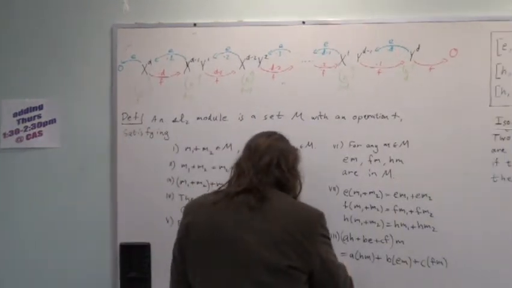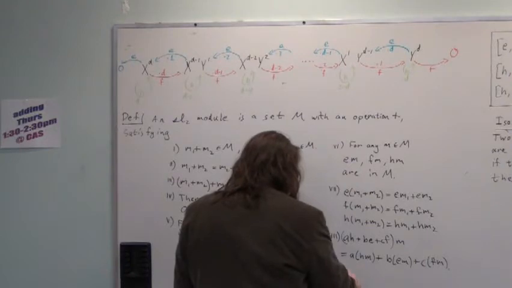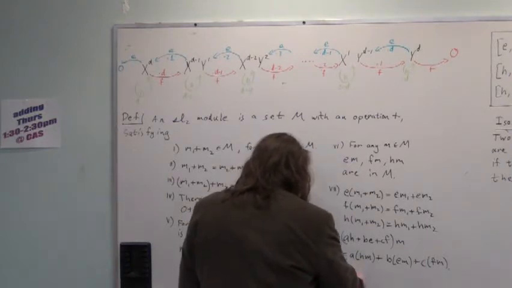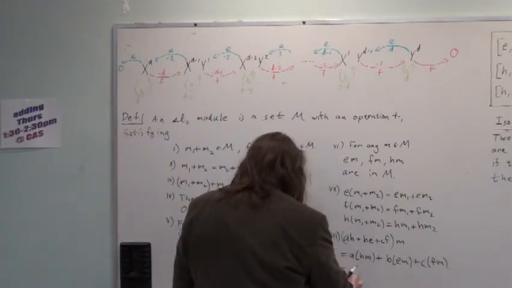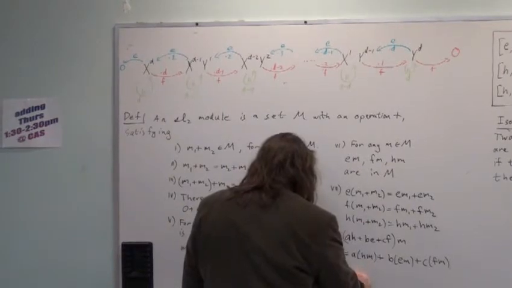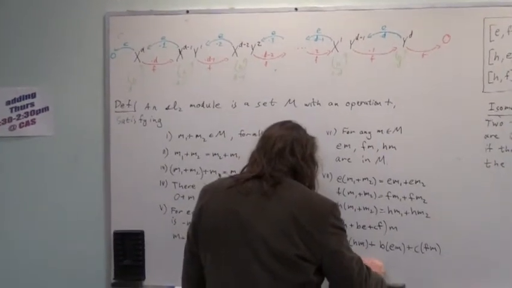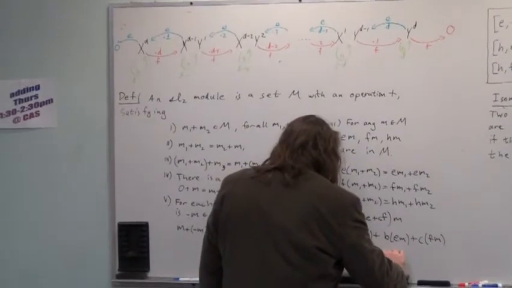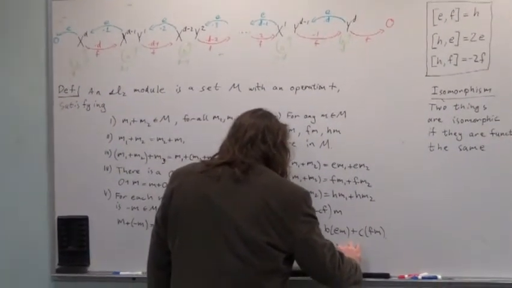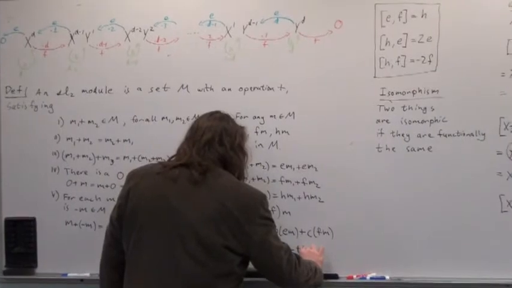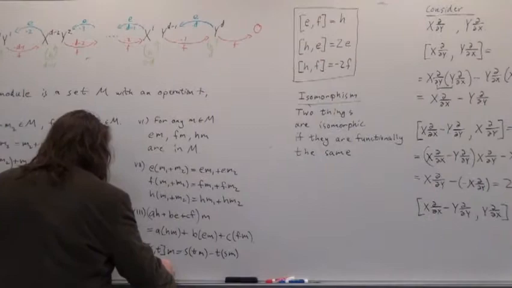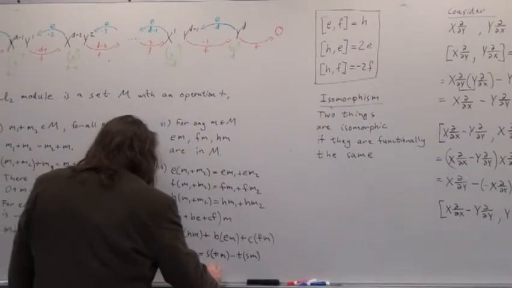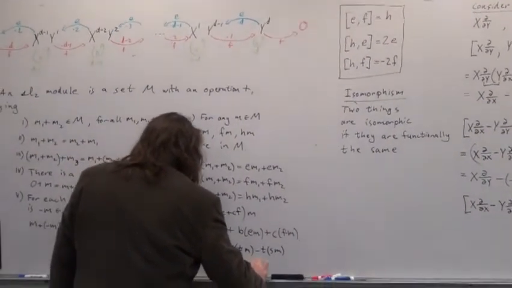And it's the following: the bracket of any two elements, let's call them S and T, on M is equal to S on T on M minus T on S on M. And this is for all S and T in SL2.